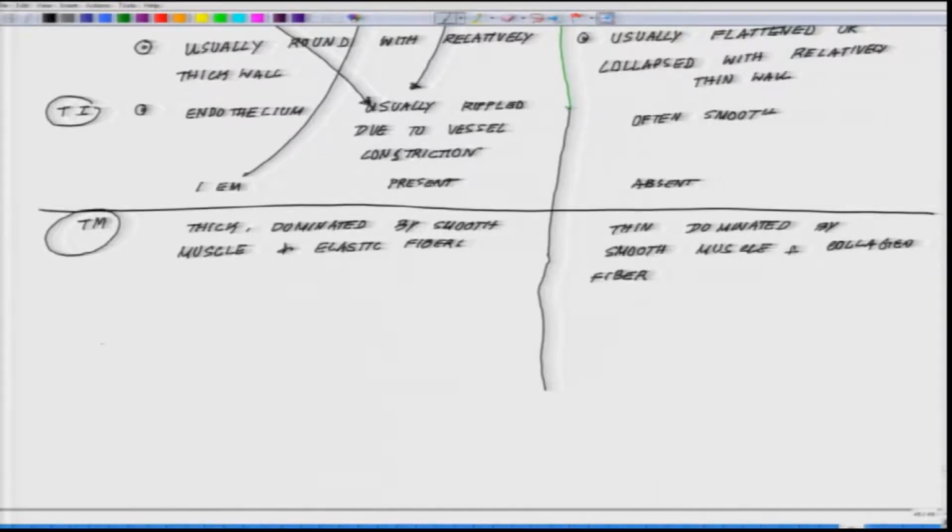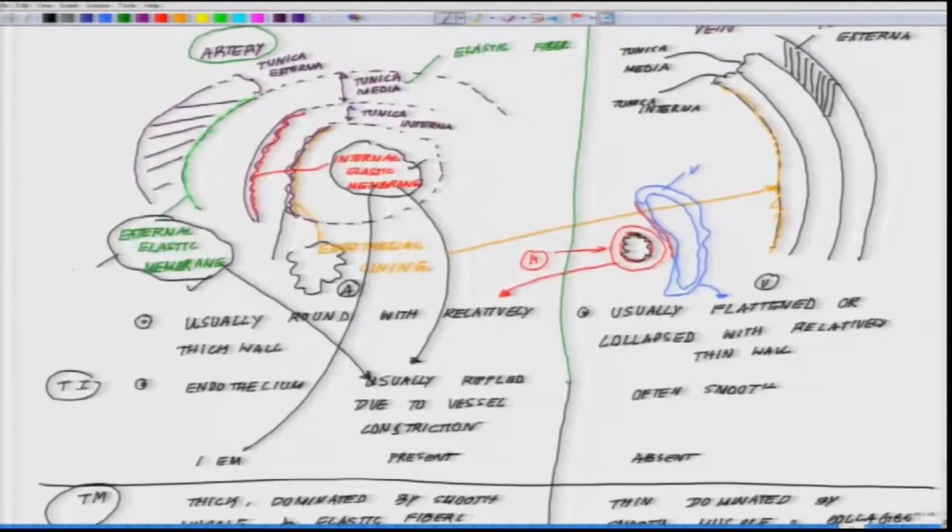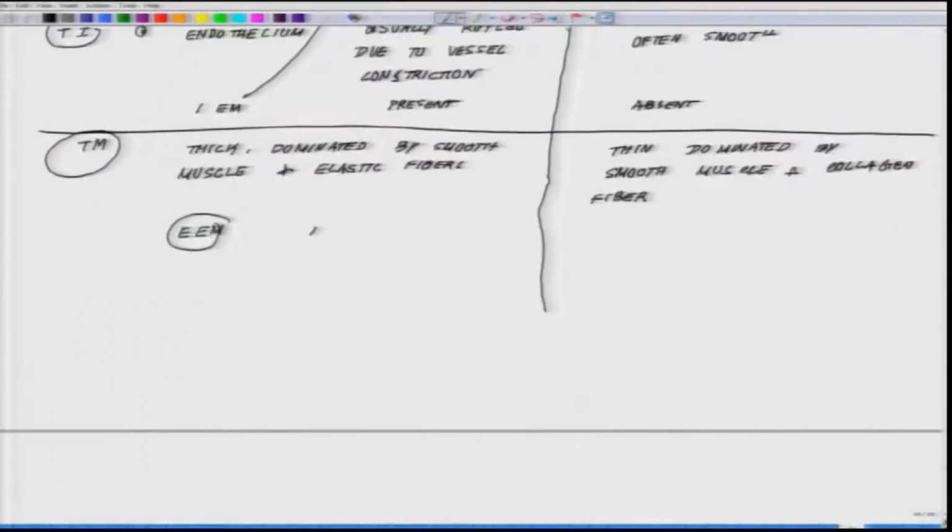And in terms of external elastic membrane, EEM, which is this structure, this particular structure is present in the arteries but absent in the veins.